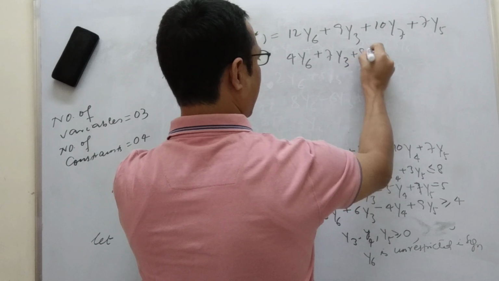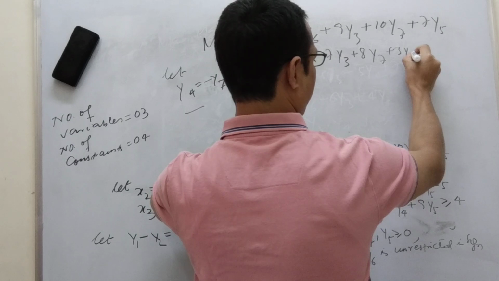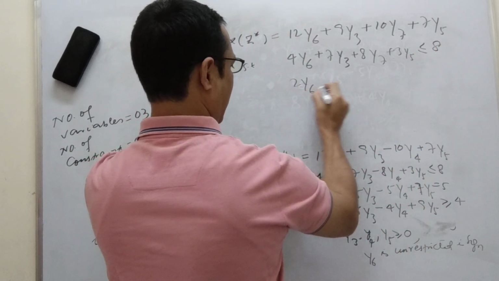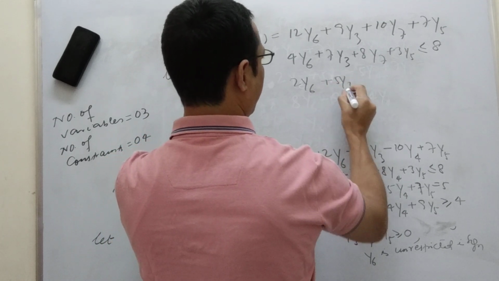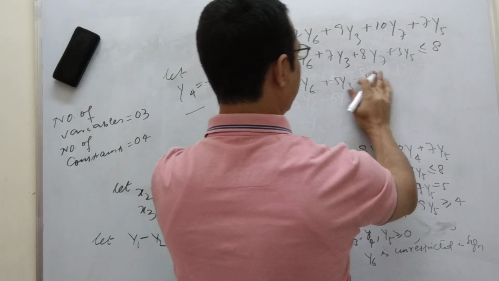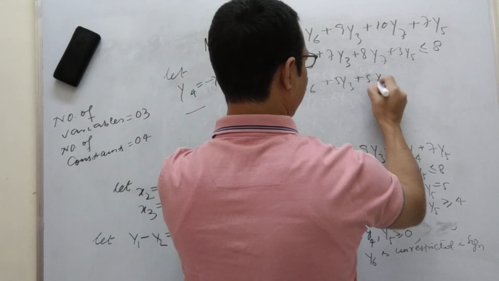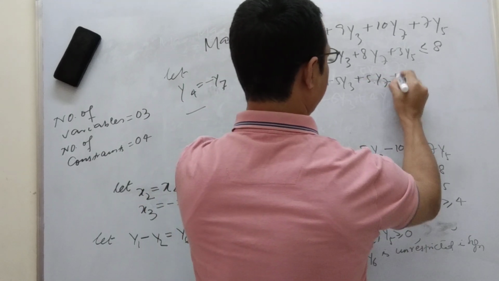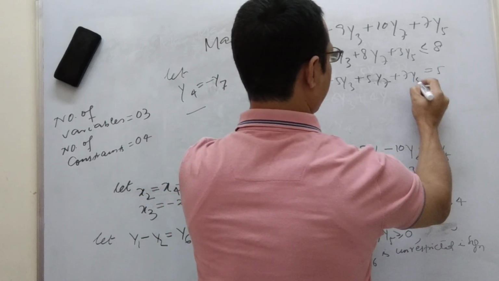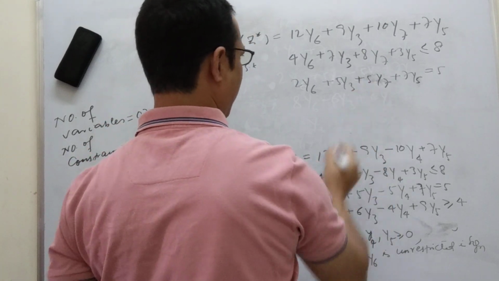Plus 8y7 here plus 3y5 less than or equal to 8. 2y6 plus 5y3 minus 5y4. So y4 has been changed to y7 with negative sign: 5y7 plus 7y5 is equal to 5. So these variables have been replaced with negative y7.